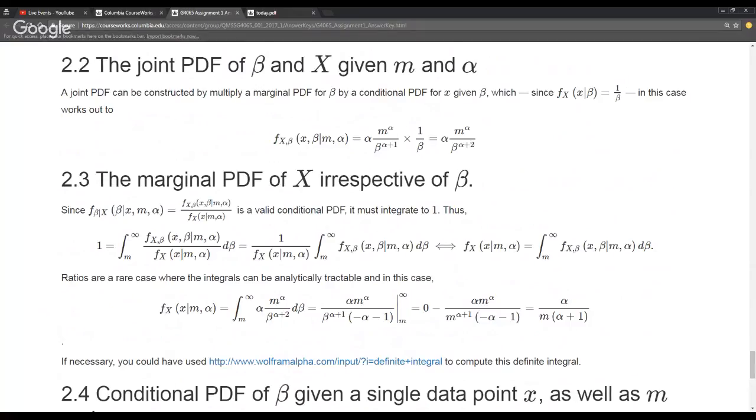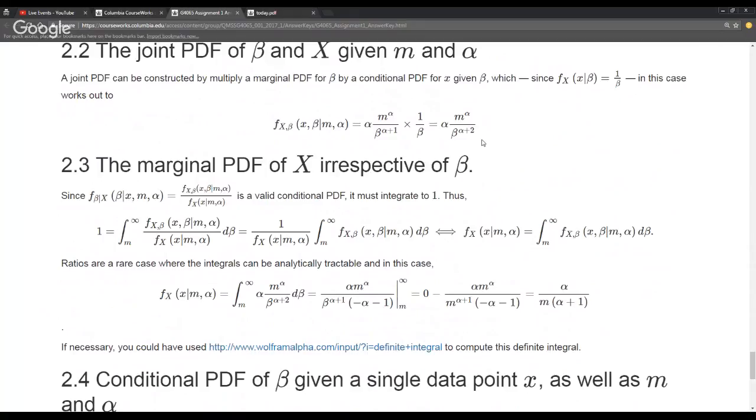We multiply those two things together, simplify, and we get alpha times m to the alpha divided by beta raised to the power alpha plus 2. Okay, so that's our numerator of Bayes' rule.